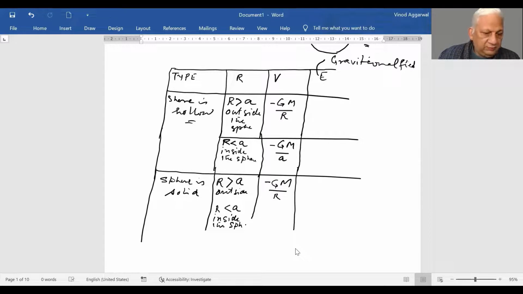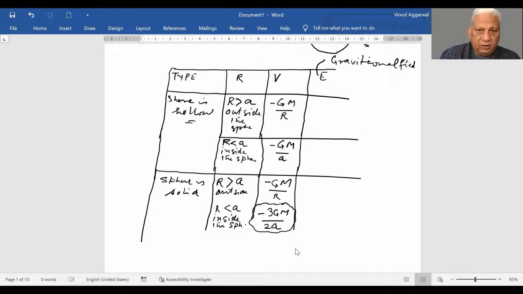In that case, our V is minus 3 Gm by 2A. How we get it is a very laborious extended treatment. For the sake of simplicity, we are not talking about this.